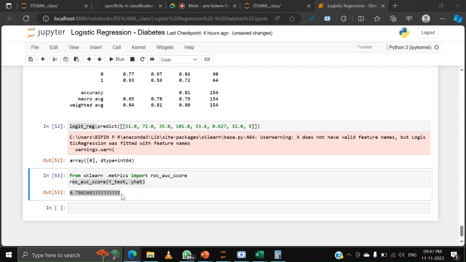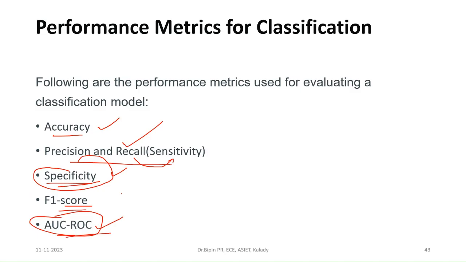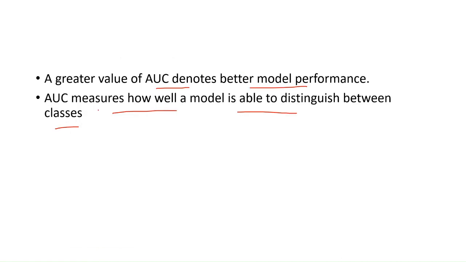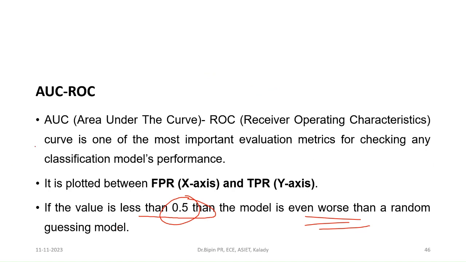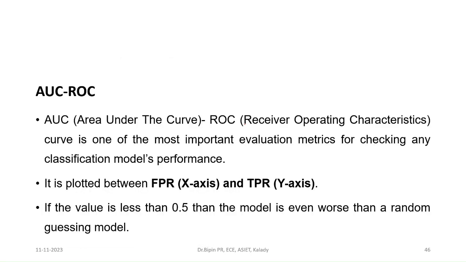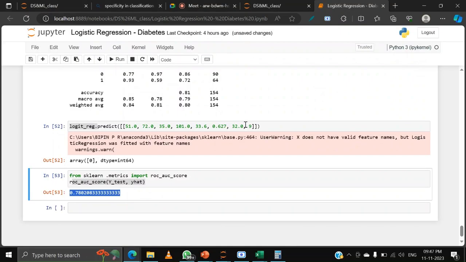I told you while explaining the AUC ROC that 0.5 is the least value, but something greater than 0.75 is okay. An AUC greater than 0.75 is acceptable. Now we are getting 0.78. That means okay.